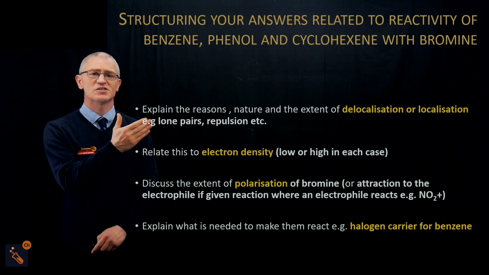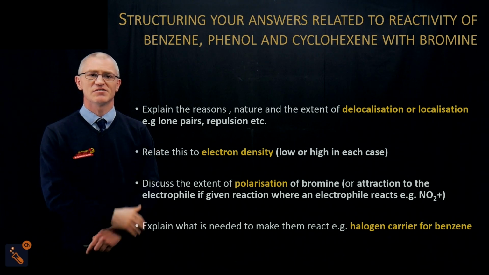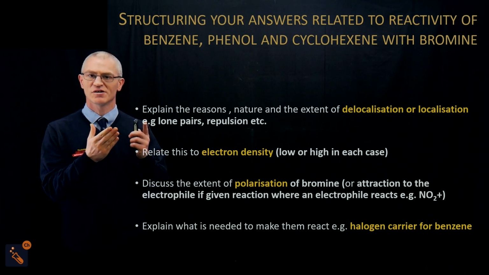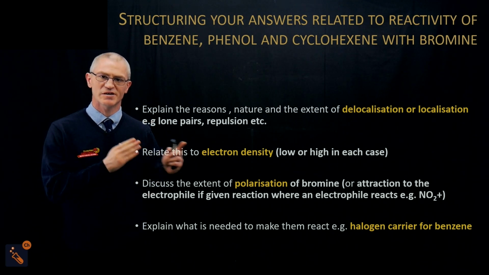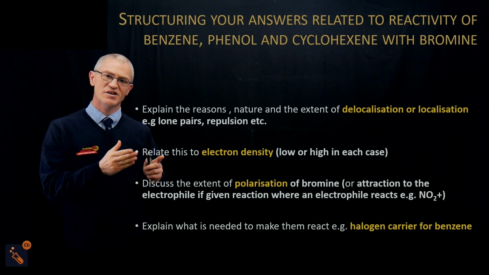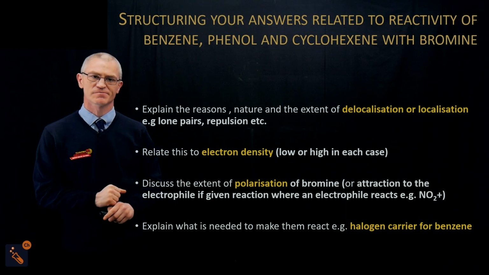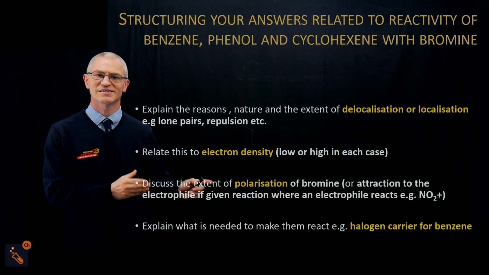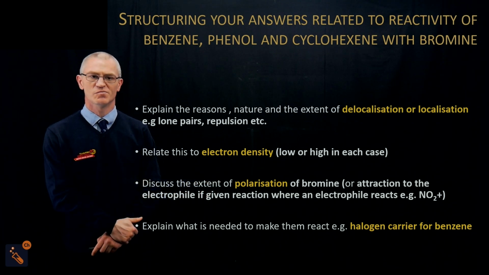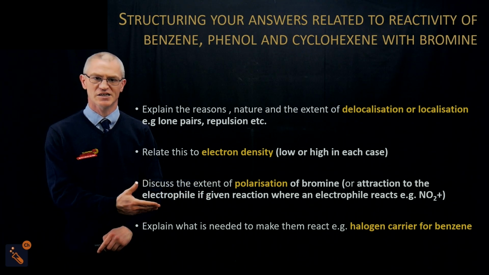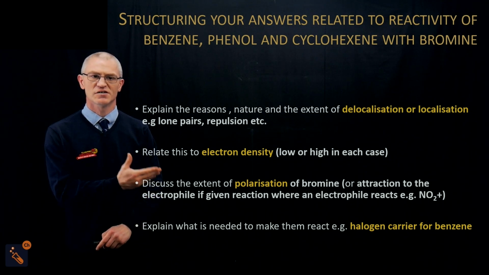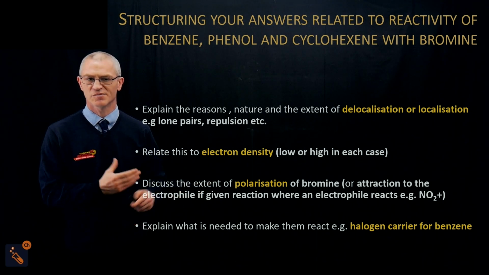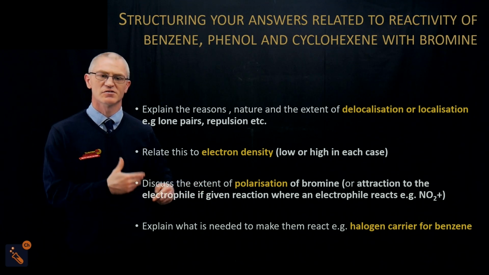First of all, explain the reasons, nature and extent of delocalization or localization. So for example, are the electrons localized or delocalized? And we'll talk about the examples next. Then relate this to electron density, just low or high in each case, and discuss the extent of polarization of bromine or attraction to the electrophile if you've got an electrophile that's NO2+, for example, or Br+.